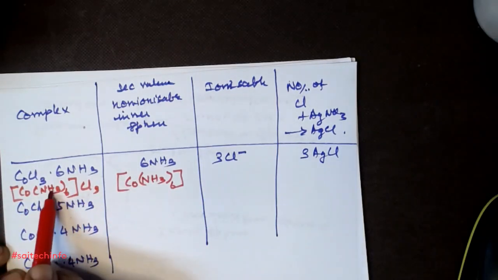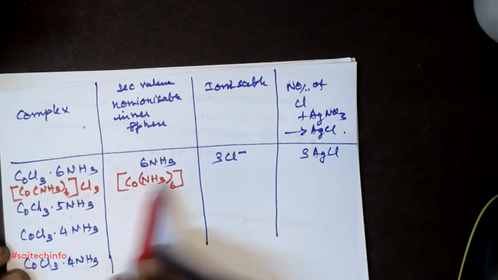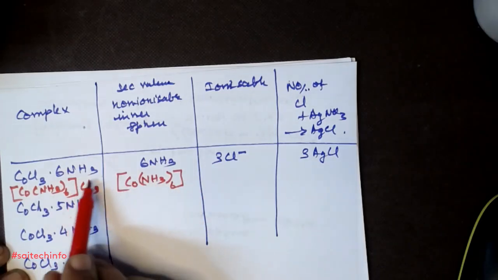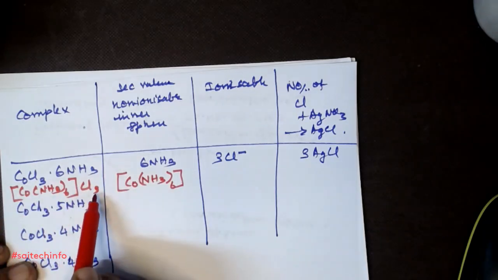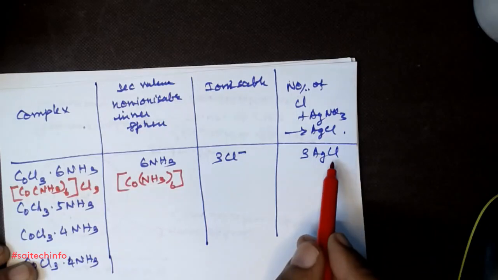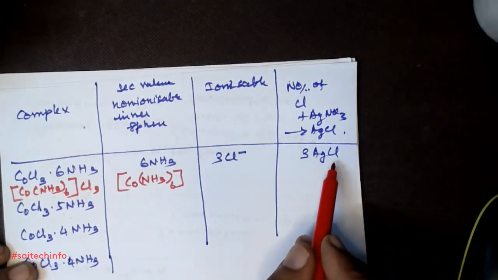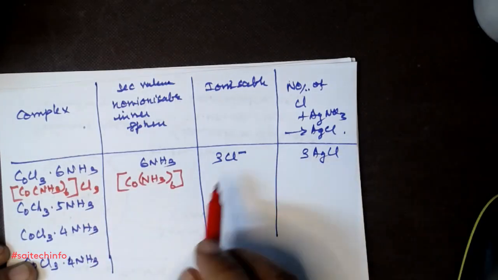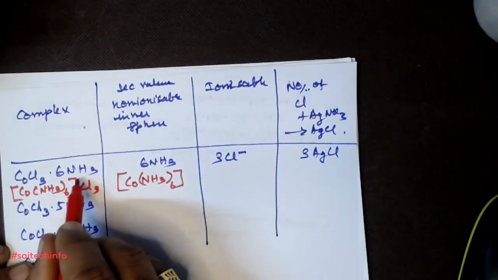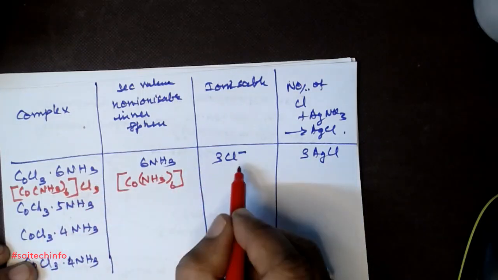All these 6 NH3 are involved in the coordination sphere, and the primary valency outside the coordination sphere is ionizable, so it can easily react with AgNO3 to form AgCl. That is why this Cl3 is available outside the coordination sphere.